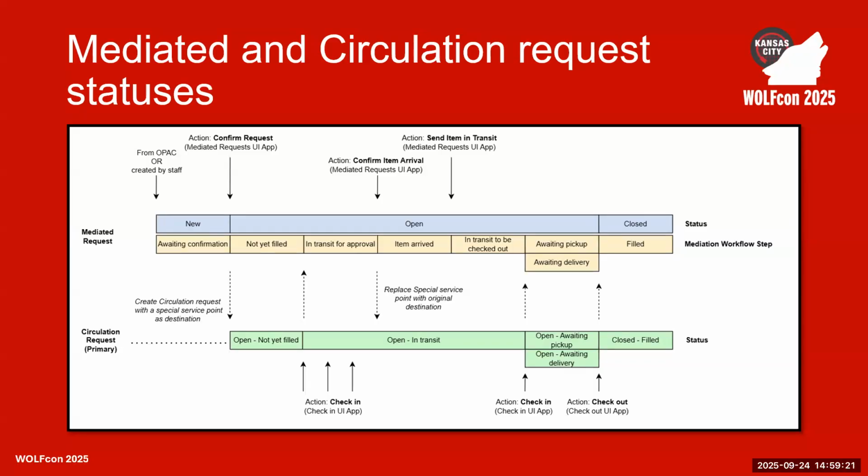And the funnel from the OPAC in that case would be, if there is this type of patron, you need to be able to ensure that the OPAC request goes directly into the mediated requests application as opposed to the request application. In the case of the Library of Congress, it is mandatory that all congressional patron requests, whether either a staff initiated or a patron initiated request, goes directly to the mediated request.